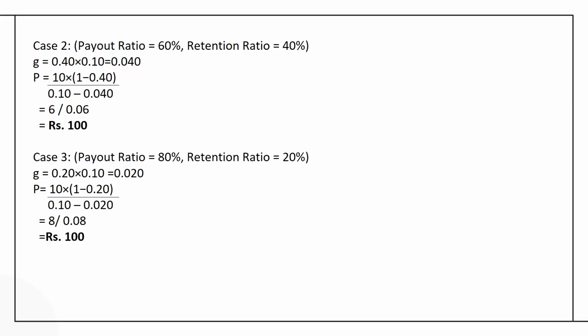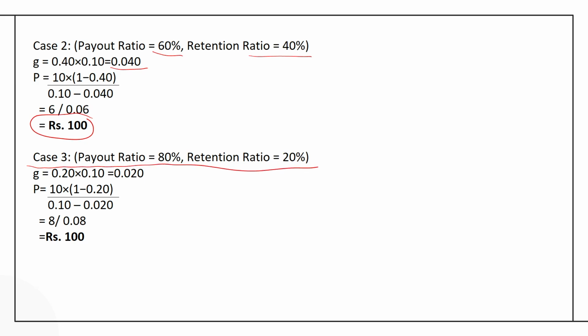Now, case number 2 can be seen where the payout ratio has been increased to 60%, leaving a retention ratio of merely 40%. The growth rate here is 0.04, and the ratio of retention and dividend payment has resulted in rupees 100 as the value of the share. And so is case number 3.